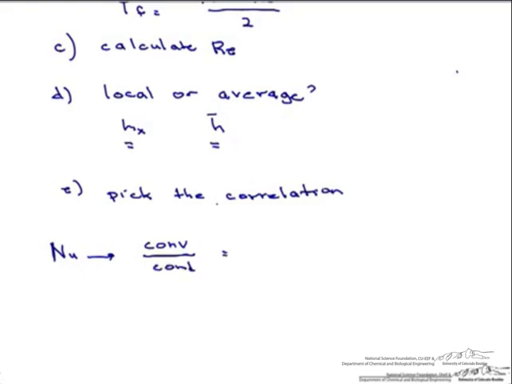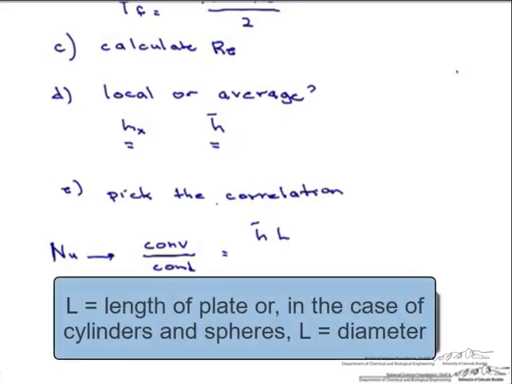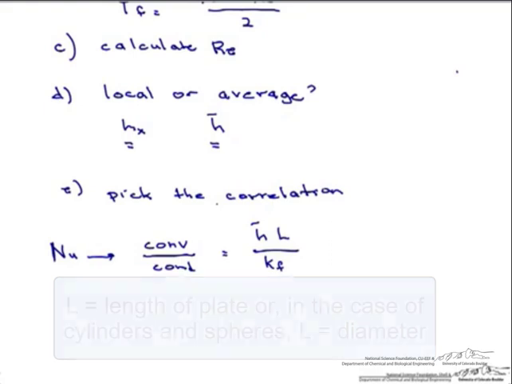This equals h, the convective heat transfer coefficient, times L, the characteristic length, generally the length of the plate, divided by the thermal conductivity of the fluid, not of the surface. This is the thermal conductivity of the fluid.